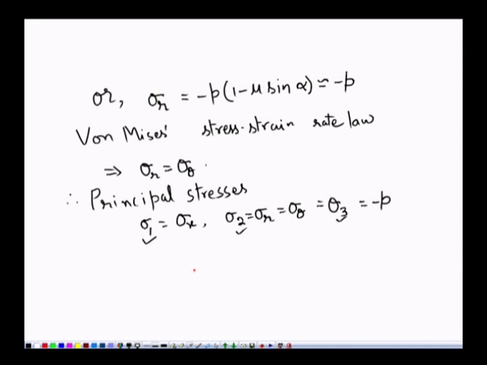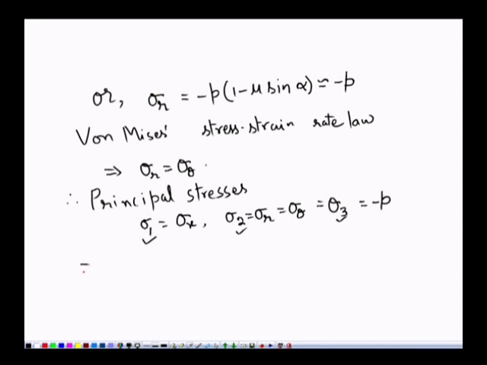So, if we put in the von Mises, that means sigma 1 minus sigma 2 whole square, plus sigma 2 minus sigma 3 whole square, plus sigma 3 minus sigma 1 whole square is equal to twice k square, or sigma y.